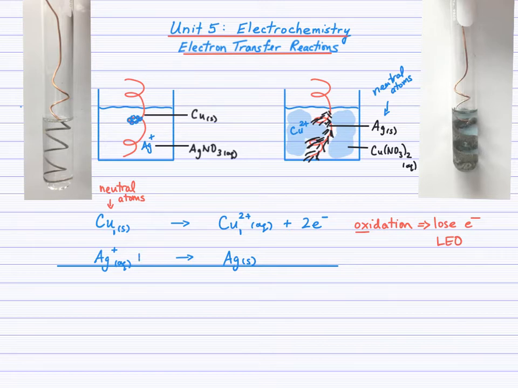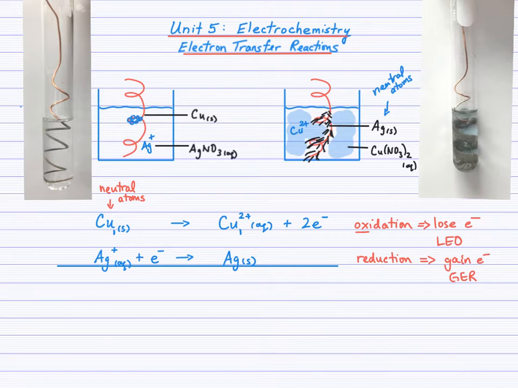Hopefully you're thinking that each silver ion has to gain 1 electron in order to form the silver solid. So when a substance gains electrons, we call that a reduction. We have GER: gain electrons, reduction. So LEO the lion goes GER. Lose electrons is oxidation, gain electrons is reduction.